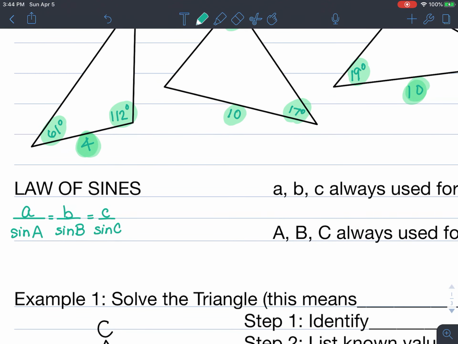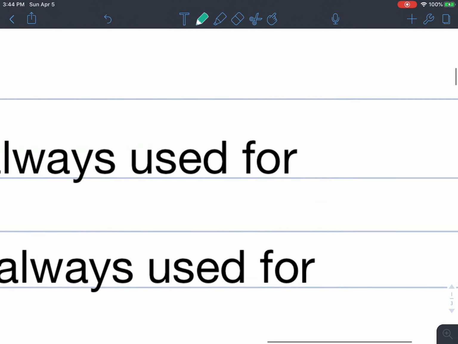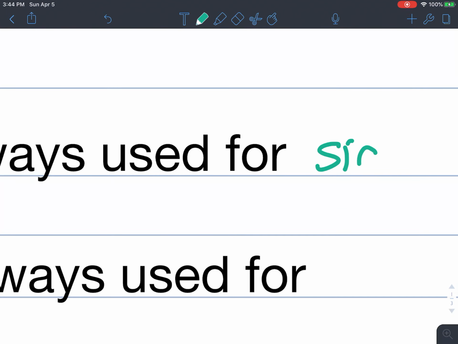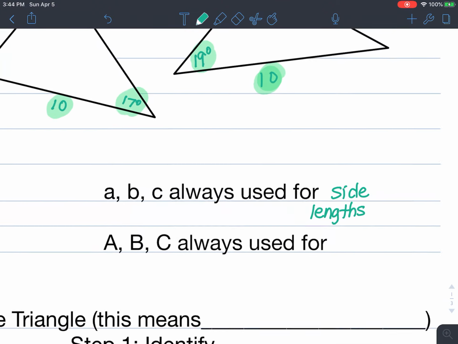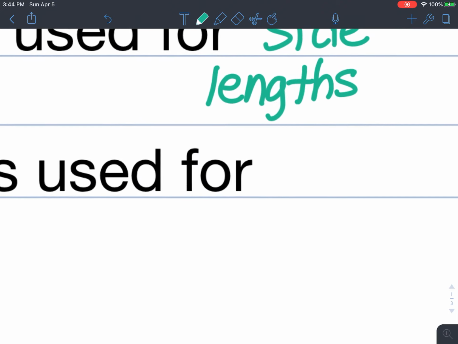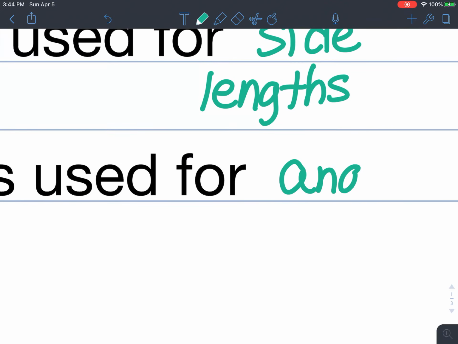Little a, b, and c are always used for side lengths. And the capital A, B, and C are always used for angle measures.